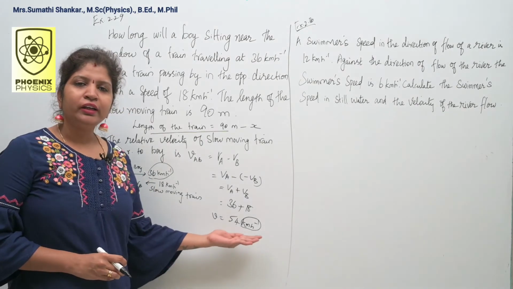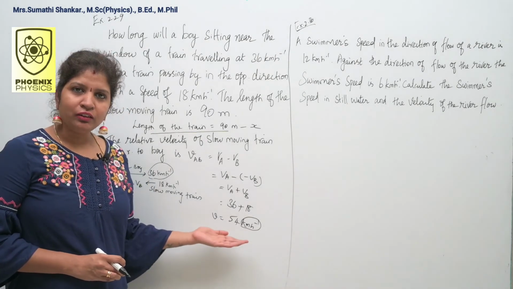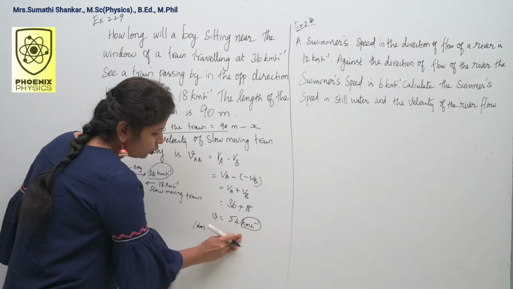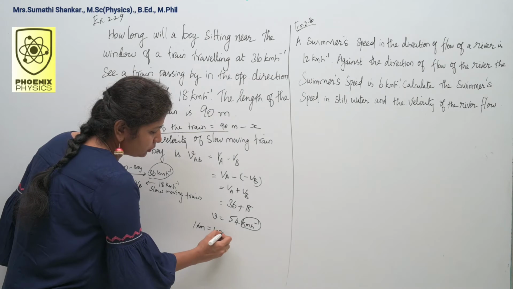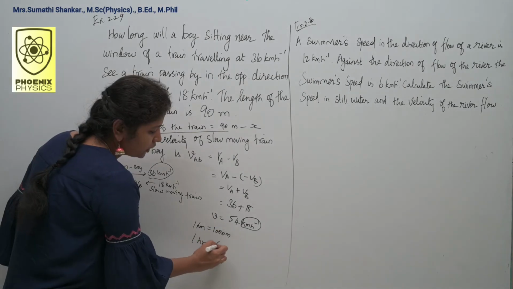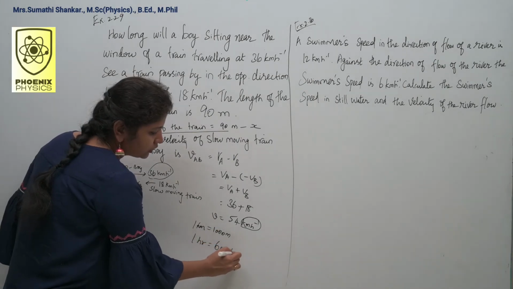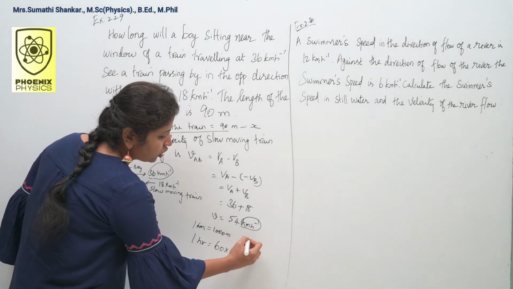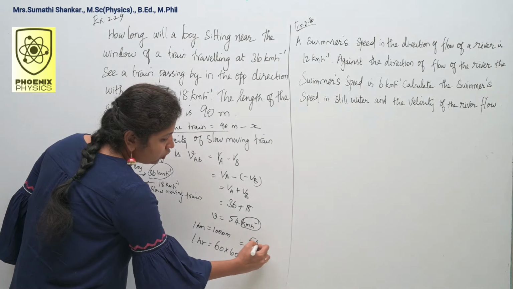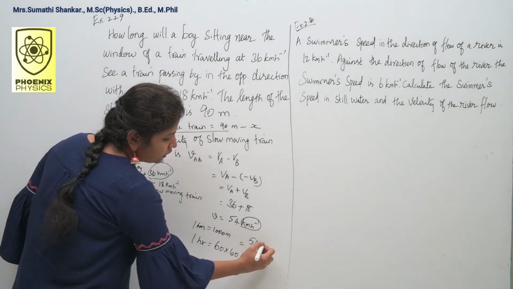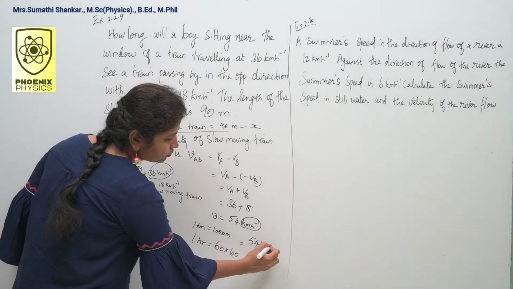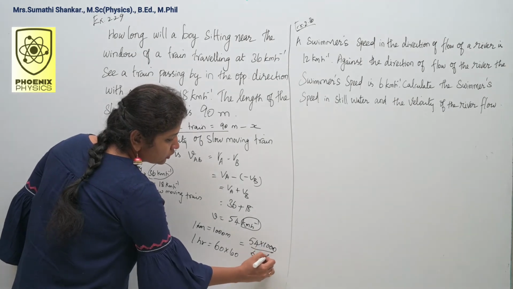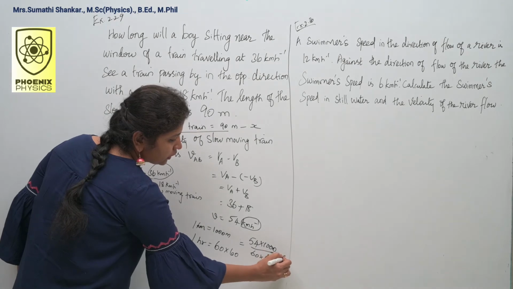We want only SI unit. So, just convert this kilometer per hour into meter per second. 1 kilometer has 1000 meter. 1 hour has 60 minutes and 60 seconds. I hope you know that. So, convert this velocity 54 into 1000 divided by 60 into 60 meter second minus 1.